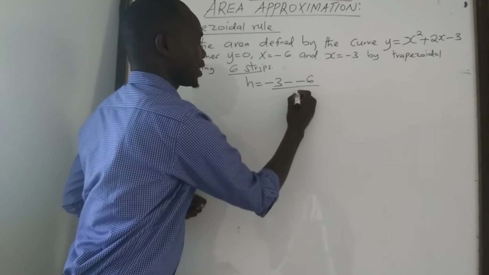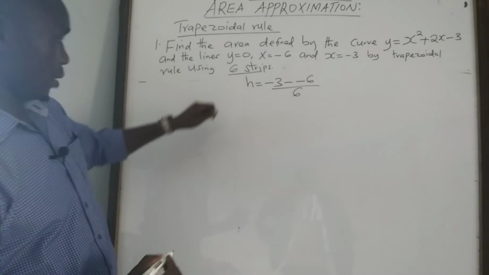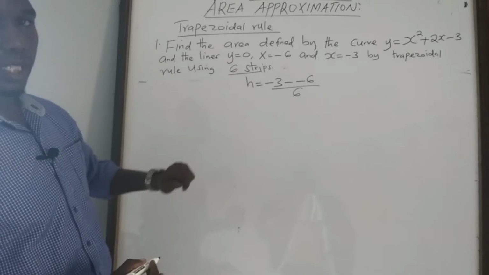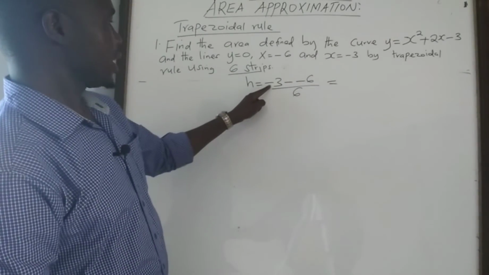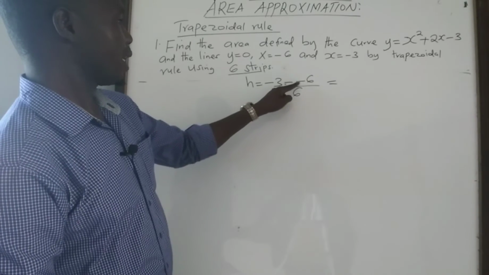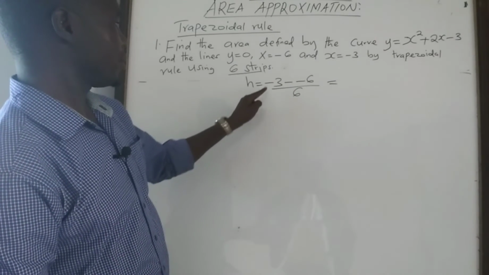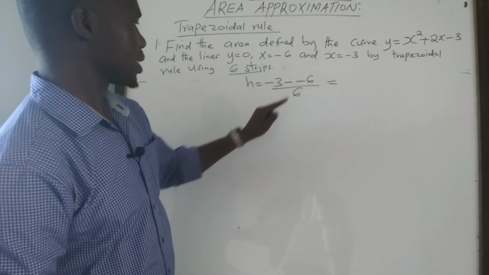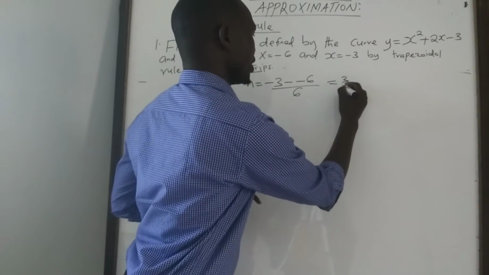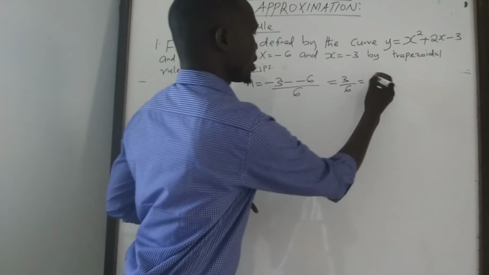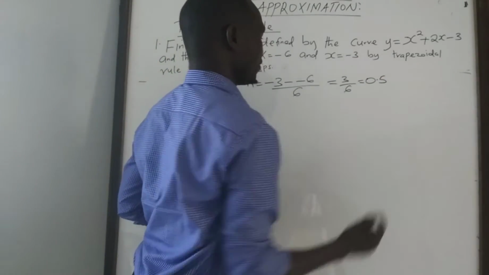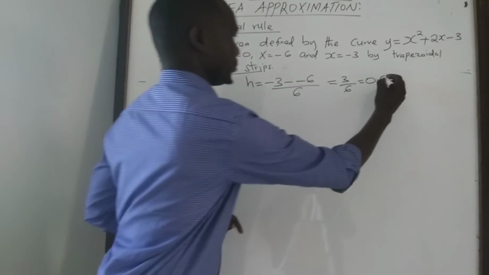We divide by the number of trapezia, or the number of strips mentioned by the examiner. If you work out this one here, -3 minus minus, of course minus minus is a plus, and therefore -3 plus 6 will give us 3 divided by 6, and this one is going to give us half, which is 0.5 units.